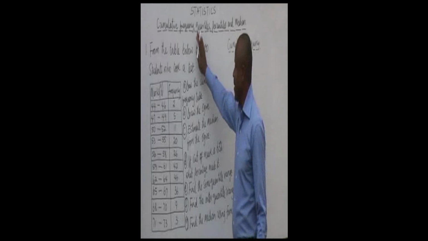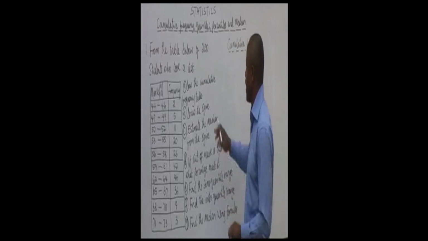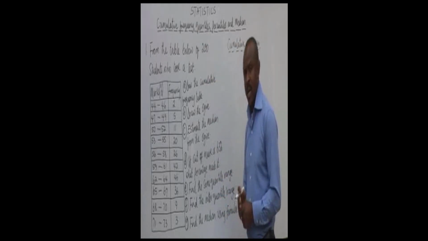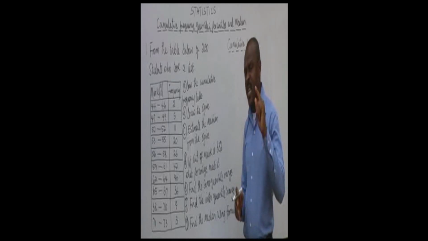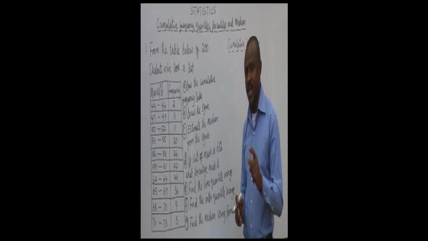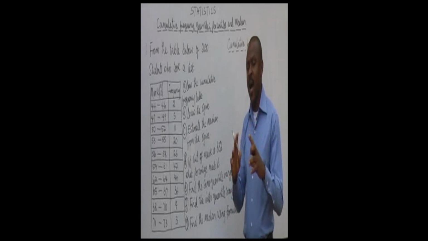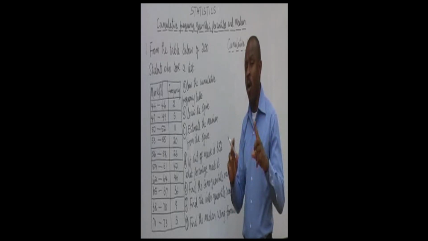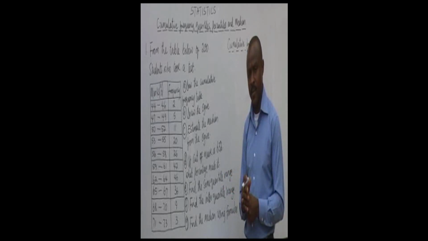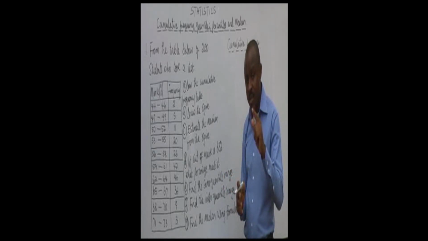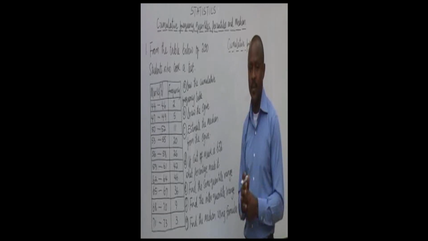We have finished the discussion of cumulative frequency. Let's talk about quartiles. Quartiles are when these cumulative frequencies are divided into 4 equal sections. Each of the sections is called a quartile.